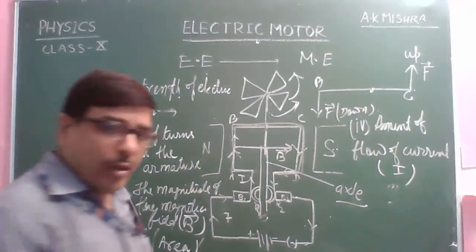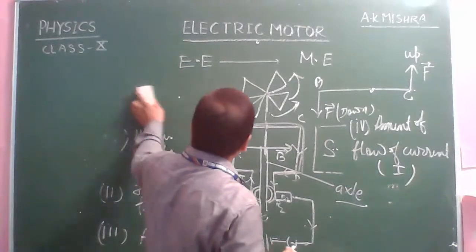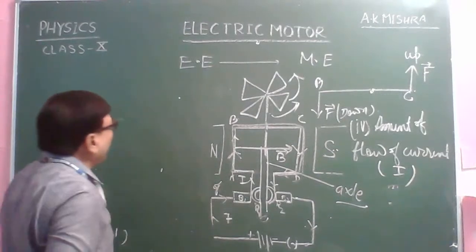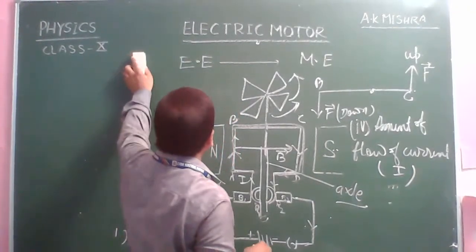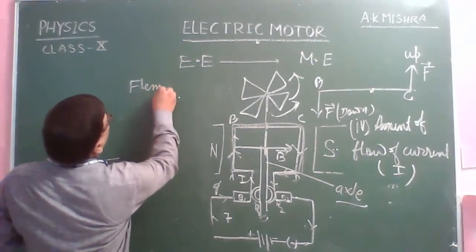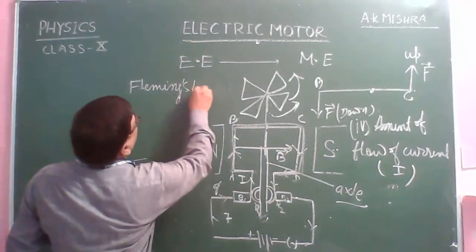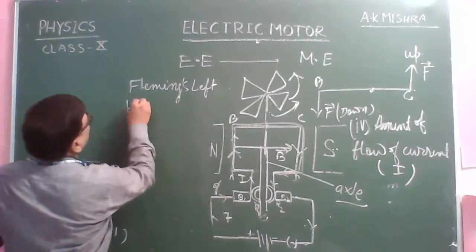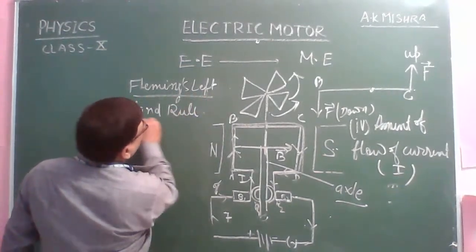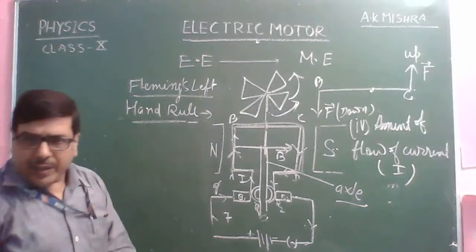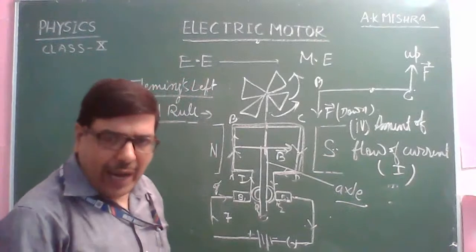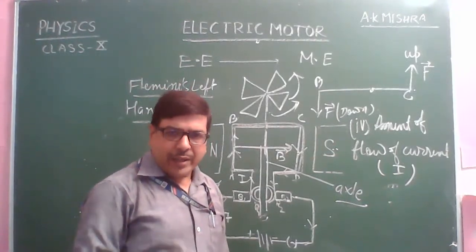Now I'm just going to write here: Fleming's left hand rule is used to find the direction of force acting on the current carrying conductor.